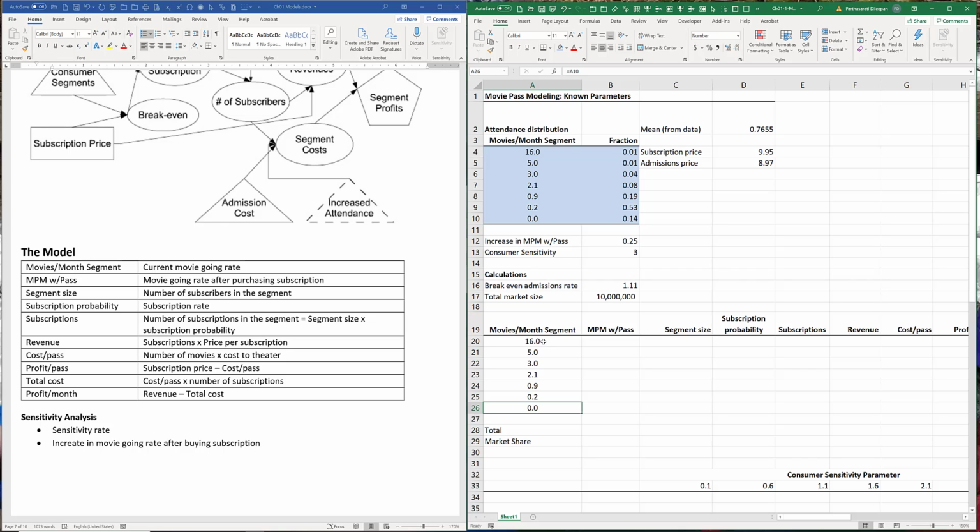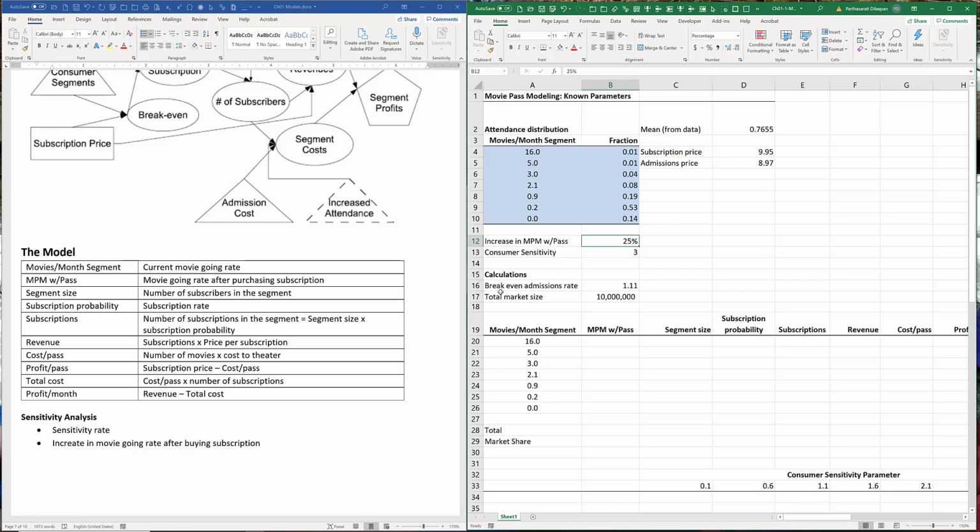Now we have the increase in movies per month with pass. We are going to assume an initial value of 25%. There will be an increase after they subscribe. Their movie going rate will increase by 25%.